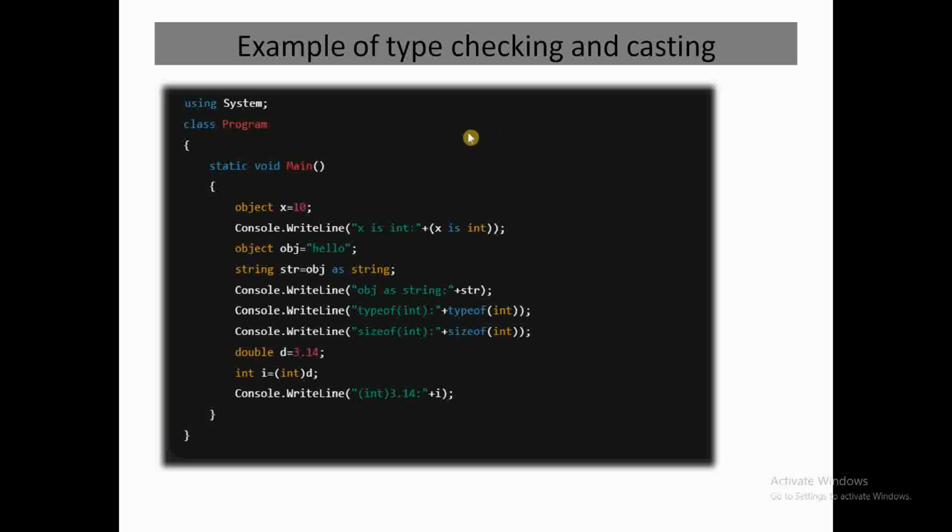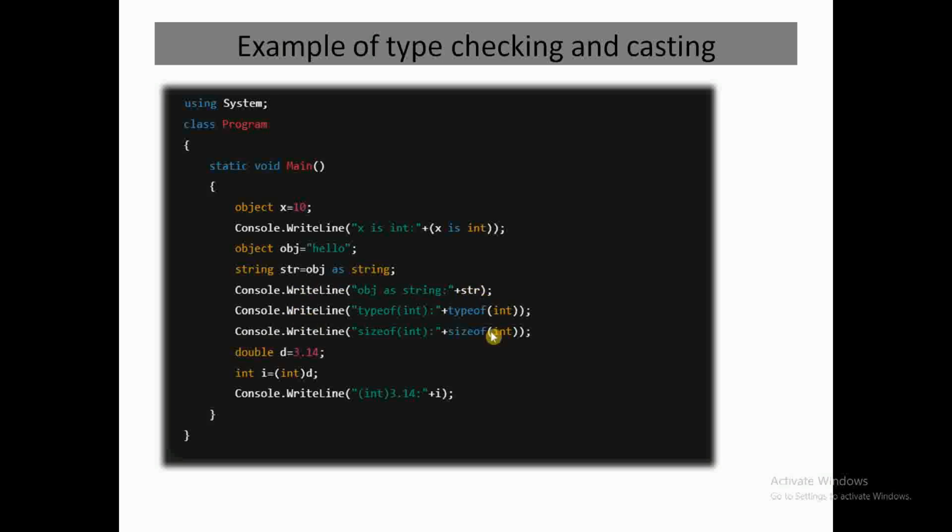Next we have some examples of type checking and typecasting. We have an object value, and we are just checking whether it is integer type or string type. Second, we have an object string value, and to put that value into a string, we have to typecast it like obj as, where this is the variable name, and here we are using the as operator to convert it from object to string.